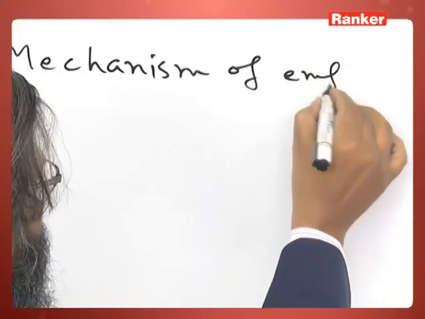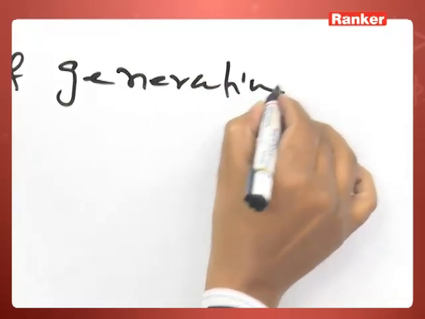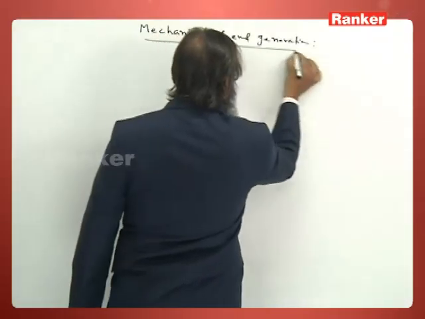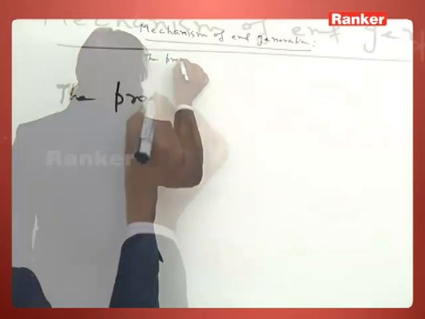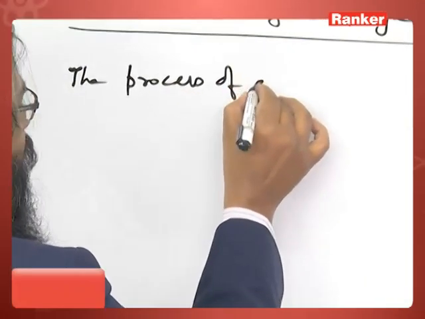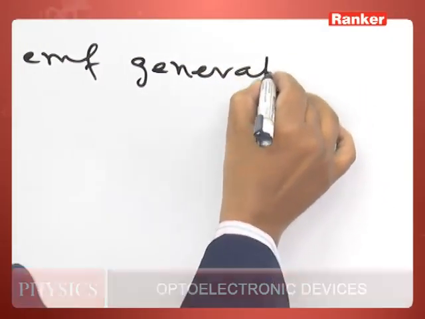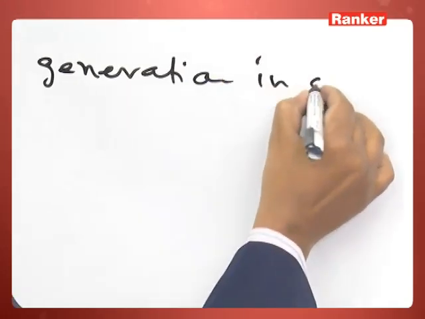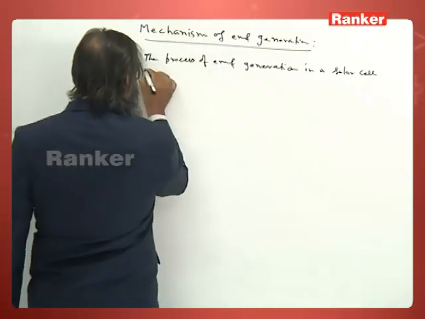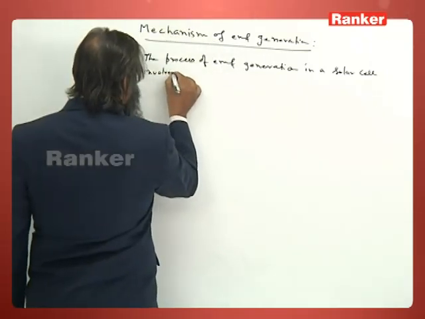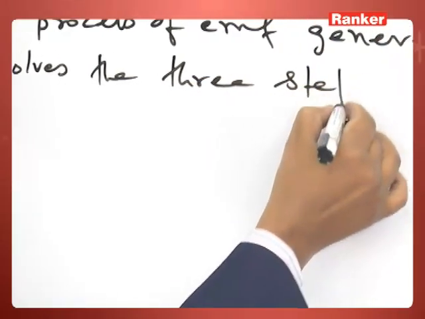The process of EMF generation in a solar cell involves three steps.